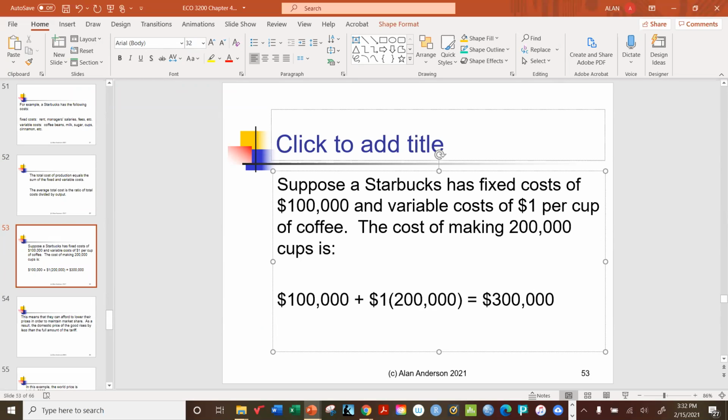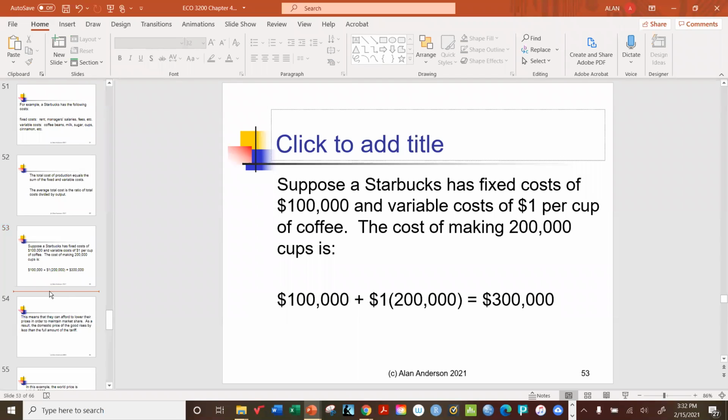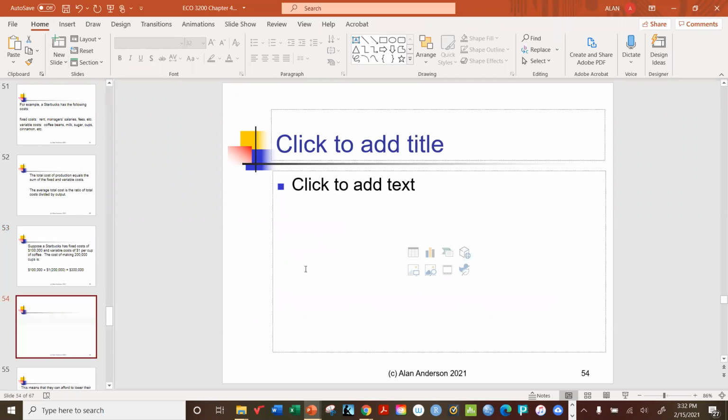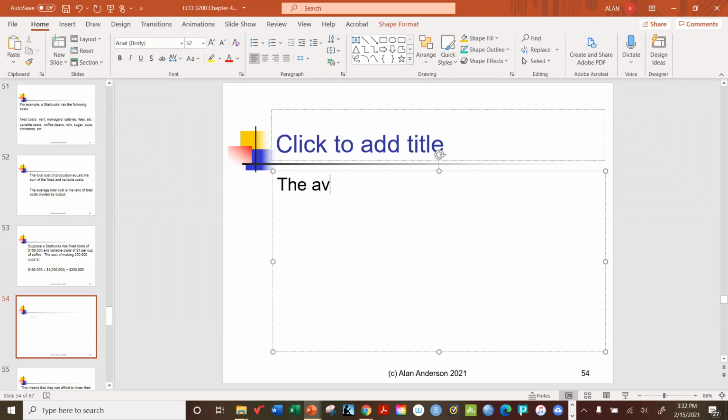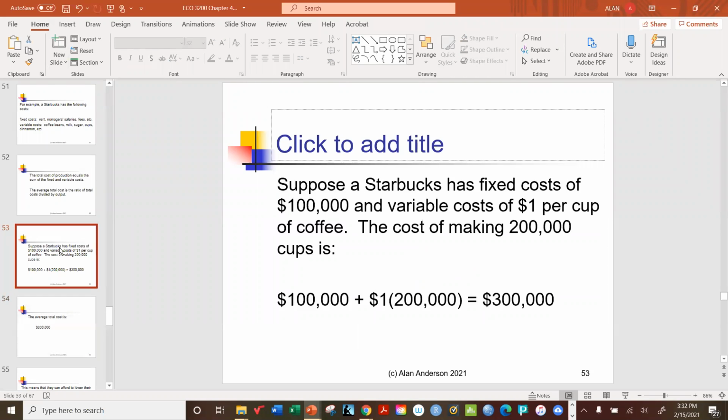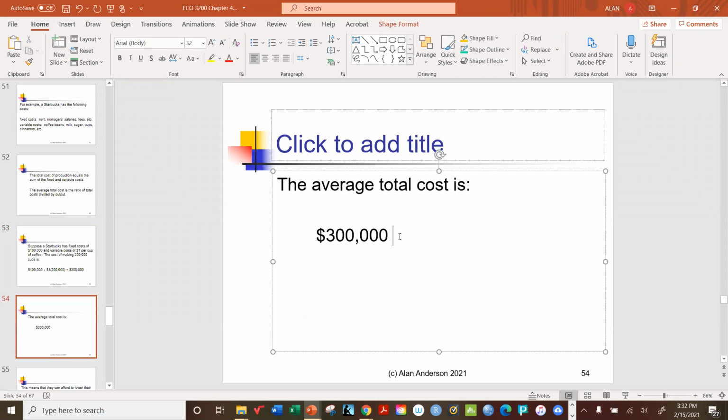So therefore, the average total cost in that case, well, it works out just by coincidence. The average total cost is therefore the total cost of 300,000. But remember, we sold 200,000 cups. Equals $1.50 per cup.